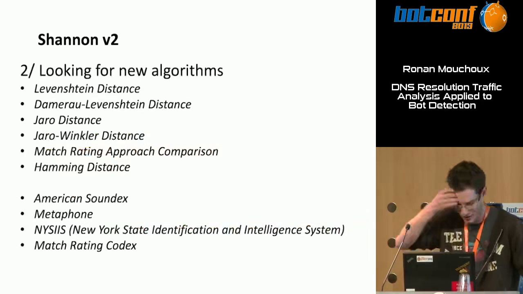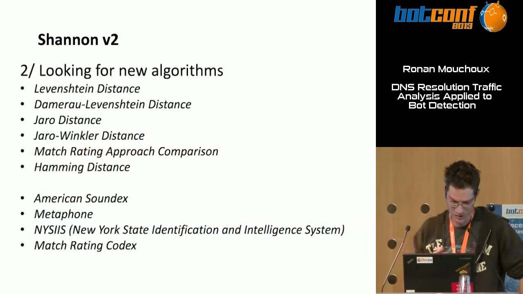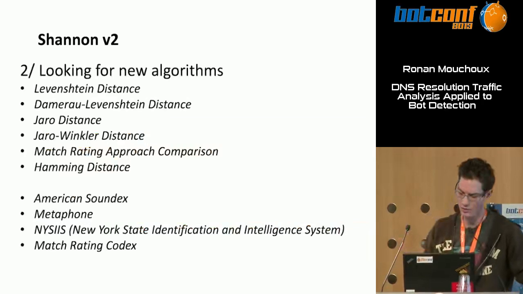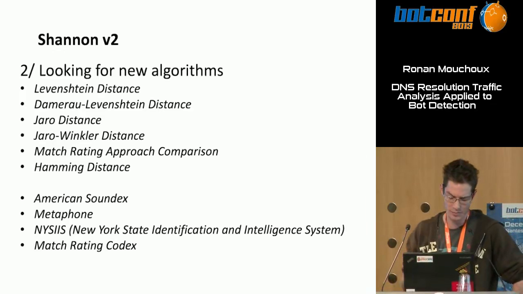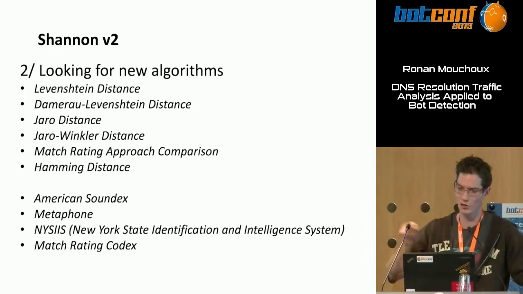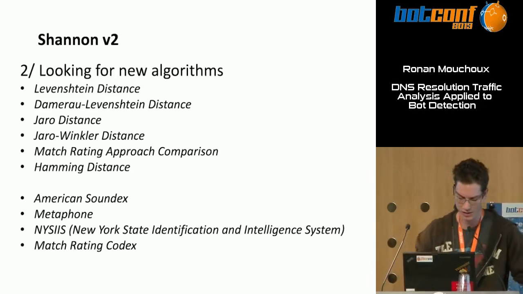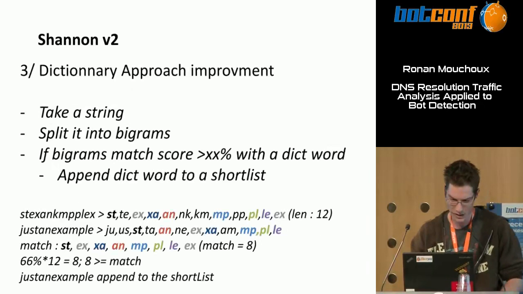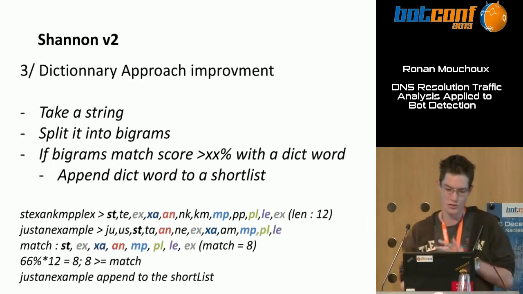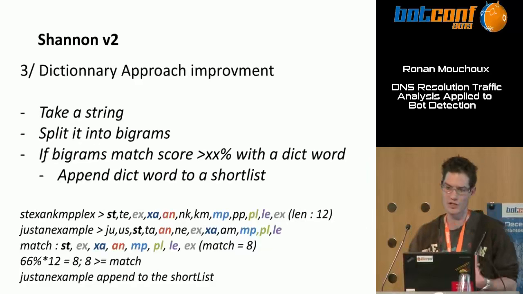So with the disappointment of the Levenshtein performance, I tried to search for new algorithms. I focused on distance algorithms and also on phonetics, because I thought that if it's not readable, it's not pronounceable, and I think there are a lot of things to do with phonetic algorithms. I also reviewed the dictionary approach.